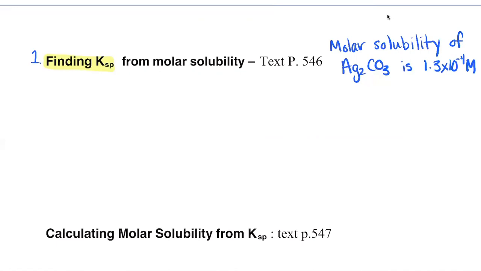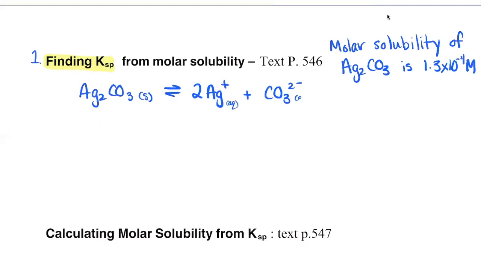Our reaction here, okay, is looking at the dissolution of silver carbonate. So there's our solid, and a very small amount of it is going to dissociate. We want to make sure our equation is balanced. So 2 Ag+ and 1 CO3 2-, and these are both aqueous.